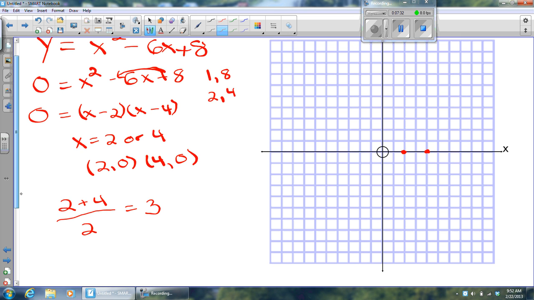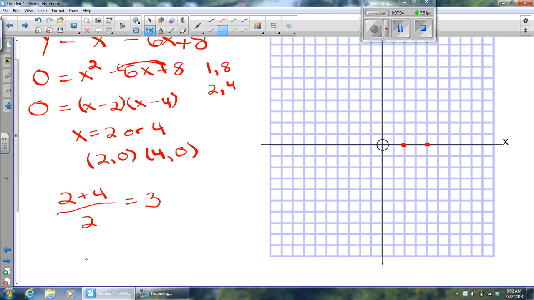So now we're going to plug that 3 in for x to solve for y. So we're going to have y equals 3 squared minus 6 times 3 plus 8.